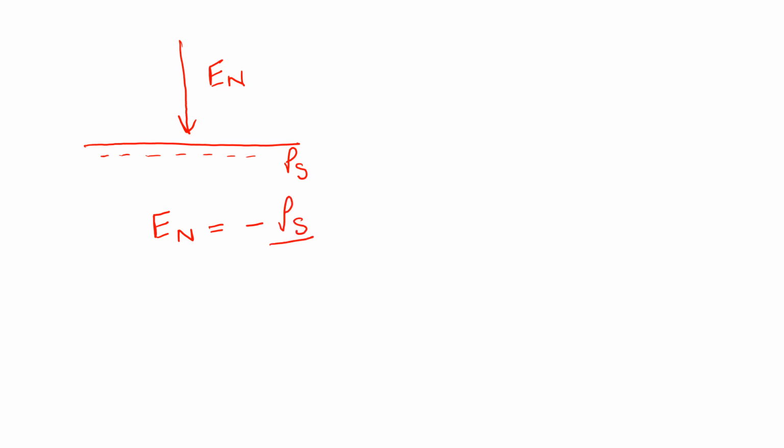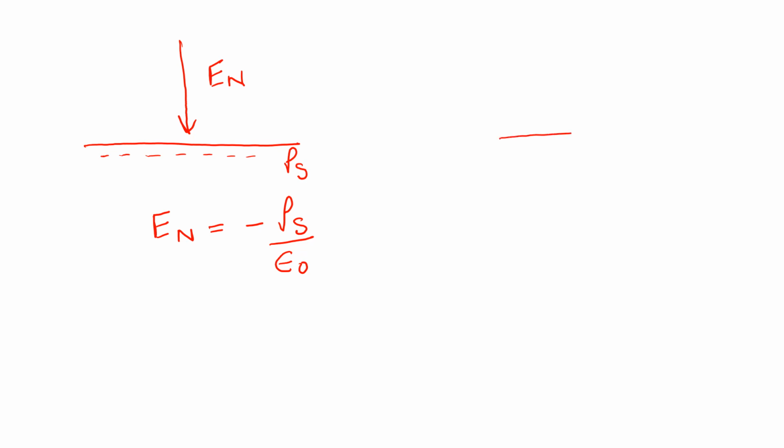This is your normal boundary condition. If your electric field is incident onto the conductor, or if your charge is negative, then the relationship is E normal is always going to be minus rho s by epsilon naught.